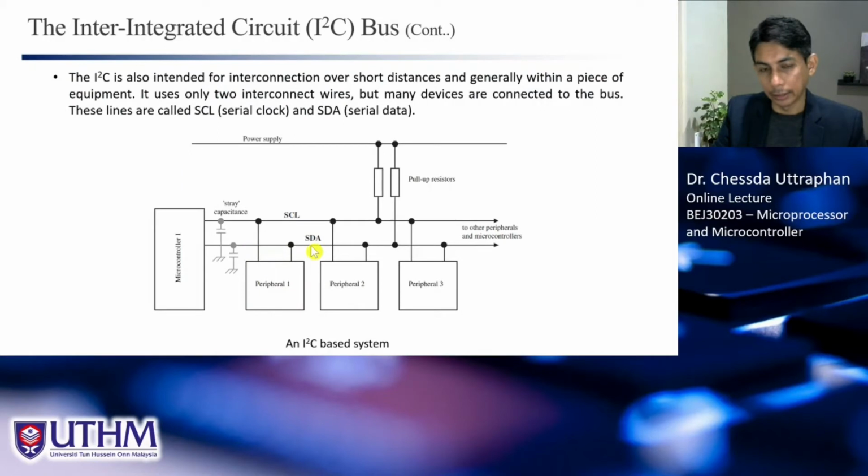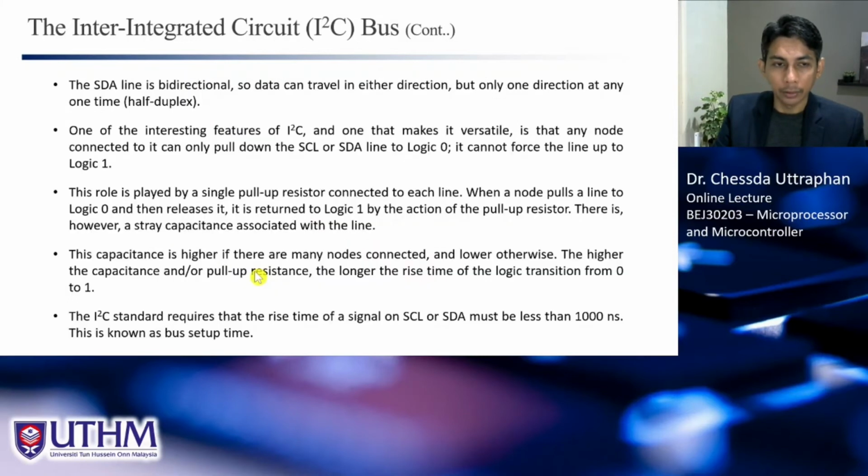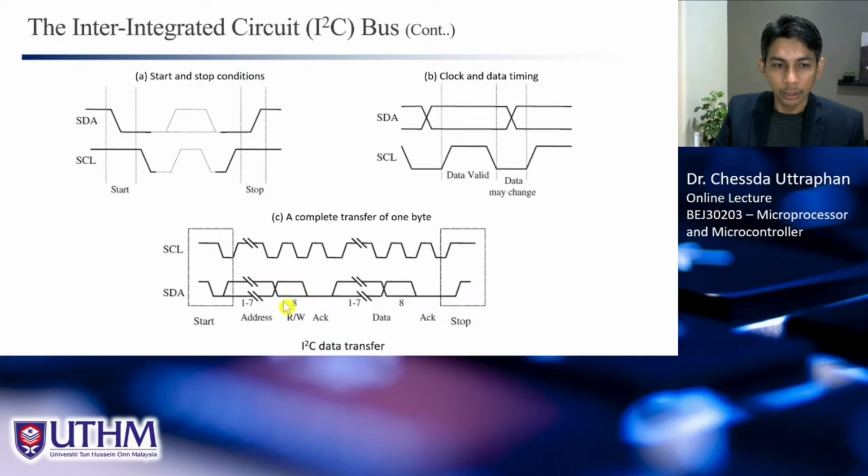Just like I explained before, the microcontroller needs to send the address first, and the peripheral will respond. So the one with the address that matches the address sent by the microcontroller will respond. And also the microcontroller, or the master, will send another bit, which is called the read and write bit.